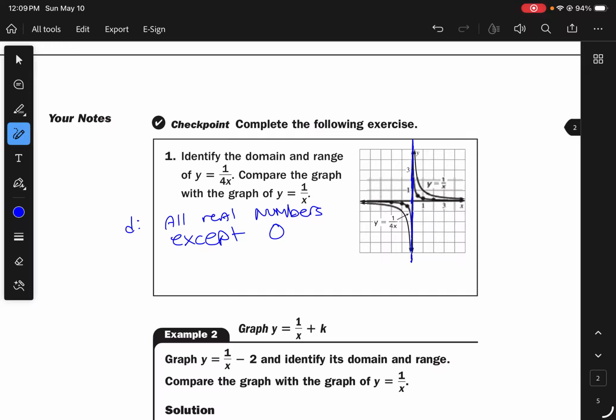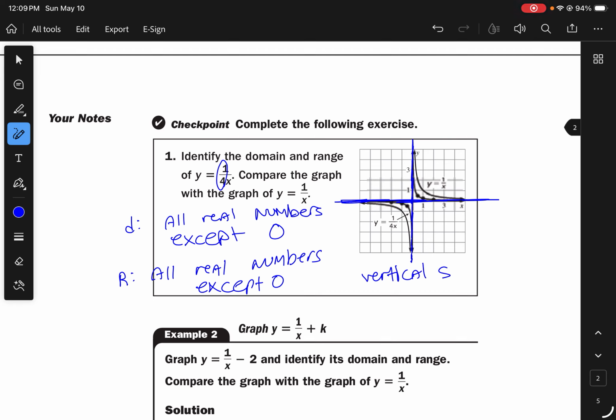It just gets really, really close. The range is all real numbers except 0. And again, it gets really, really close, but doesn't quite touch it. Because it's a 1/4, it would be a vertical shrink.